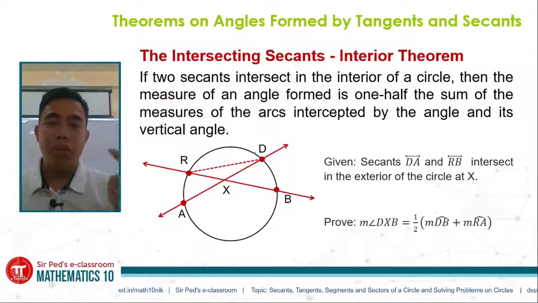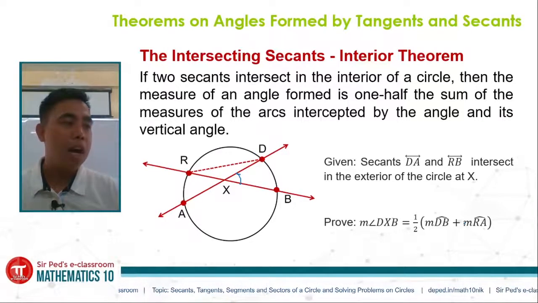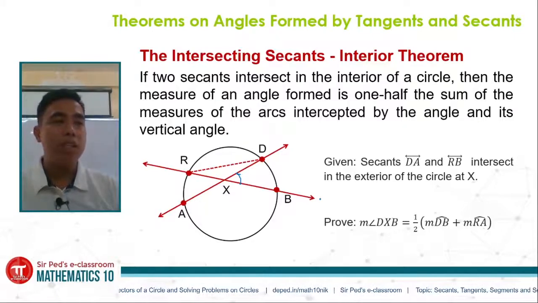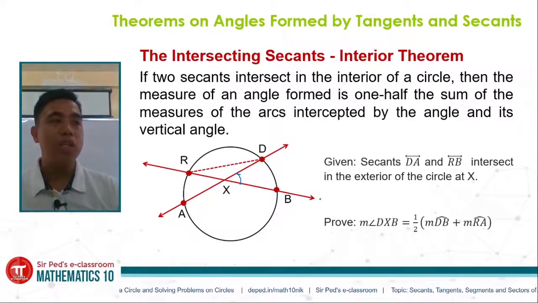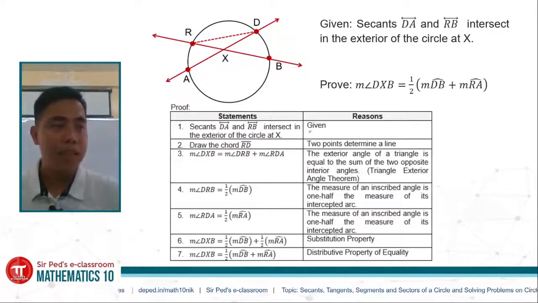And it says here that the measure of angle DXB, this angle, is equal to 1/2 the sum of its intercepted arc and the arc of its vertical angle. So it says in that theorem that if two secants intersect in the interior of a circle, then the measure of an angle formed is 1/2 the sum of the measures of the arcs intercepted by the angle and its vertical angle. So let's prove that.